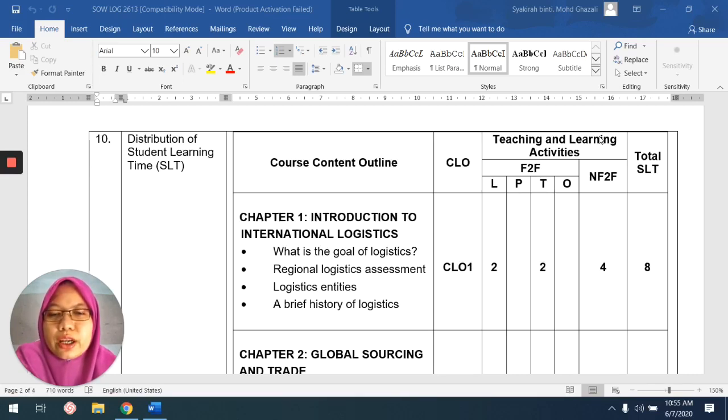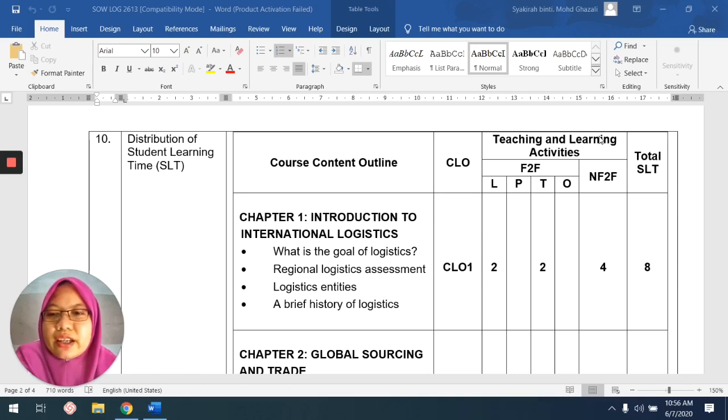This week, I will cover chapter 1, which is the Introduction to International Logistics. I'm pretty sure all of you know what logistics is all about because you already learned it in semester 1 in the supply chain management course, and then added to your knowledge in the business logistics course in semester 2.